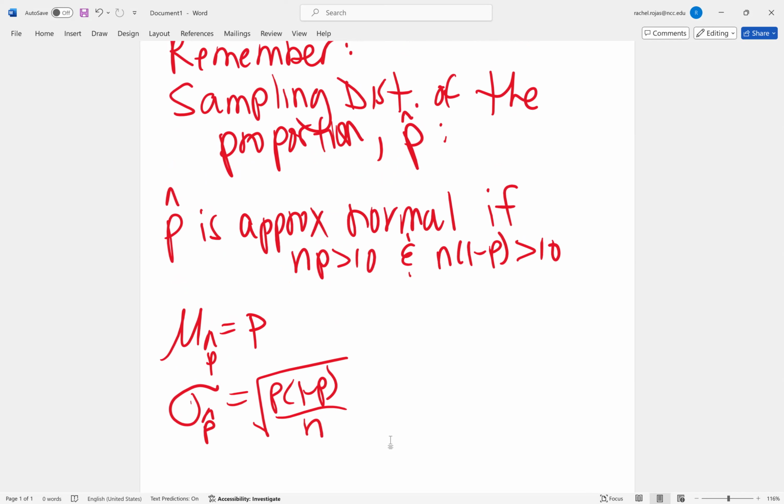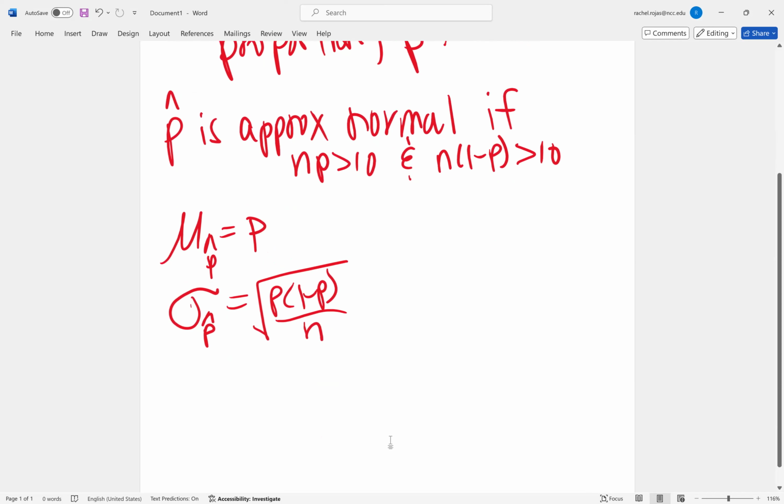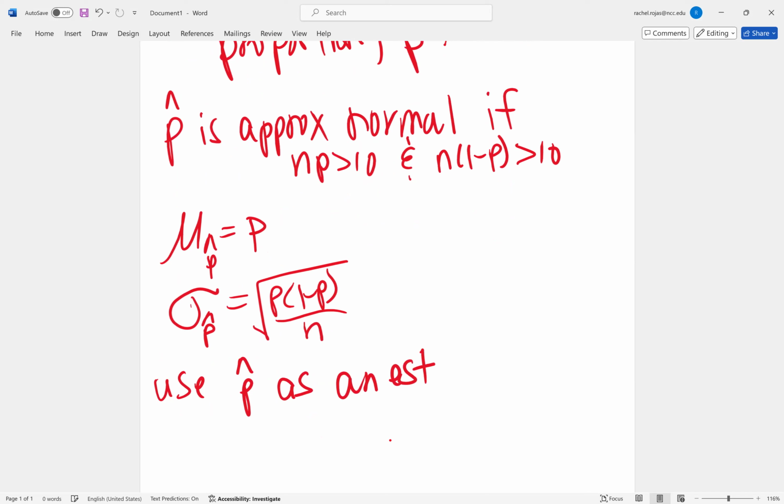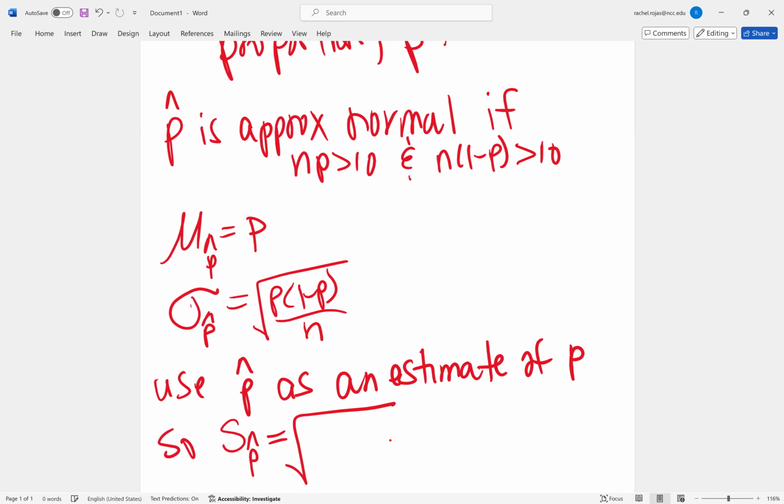So we're going to have to calculate S sub P hat, which is the square root of P hat times 1 minus P hat over n, because we're using P hat in place of P, which is unknown.